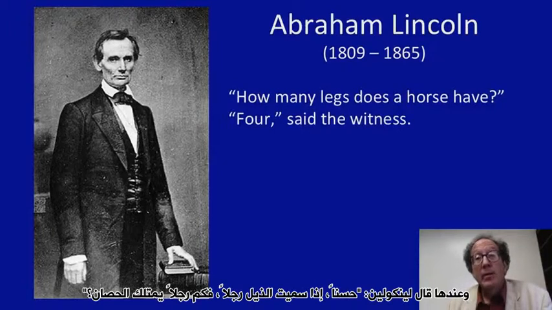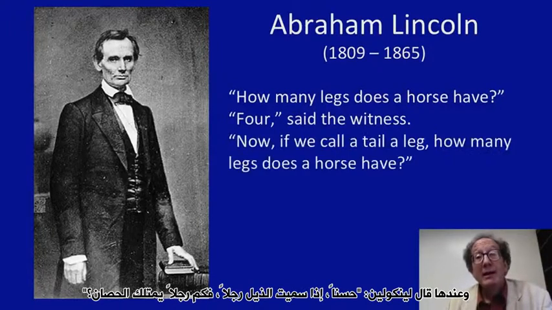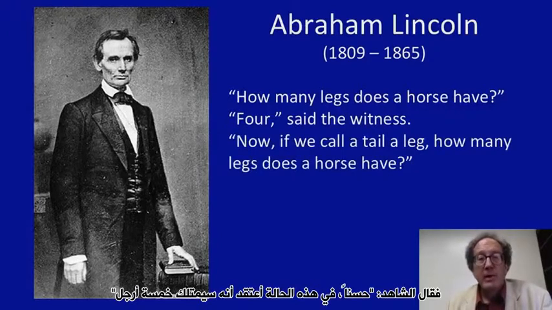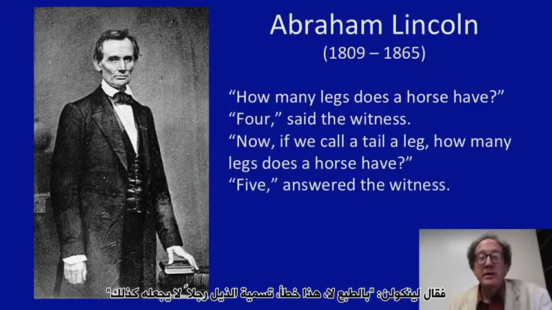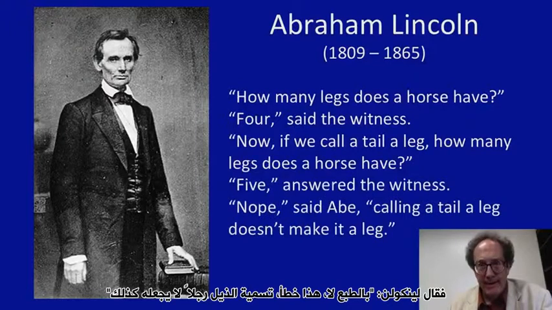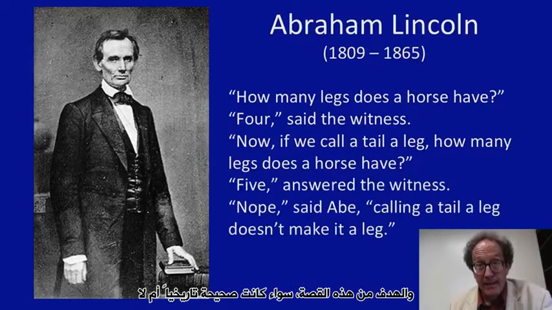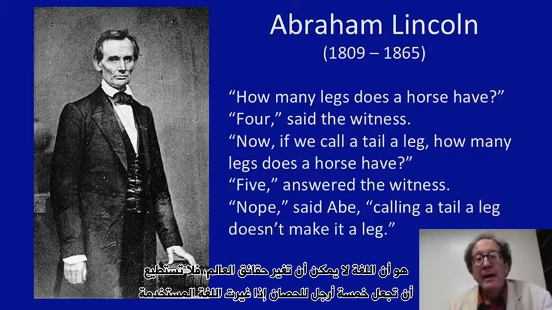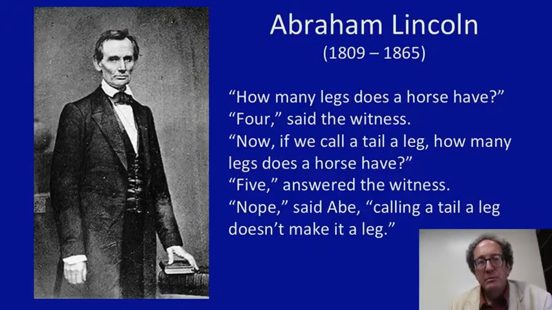And then Lincoln said, "Well, if we call a tail a leg, then how many legs does a horse have?" And the witness said, "Well, then I suppose the horse would have 5 legs." And Lincoln said, "Absolutely not. That's wrong. Calling a tail a leg doesn't make it a leg." And the point of this story, whether it's true historically or not, is that language cannot change the facts of the world. It can't make horses have 5 legs if you merely change your language.